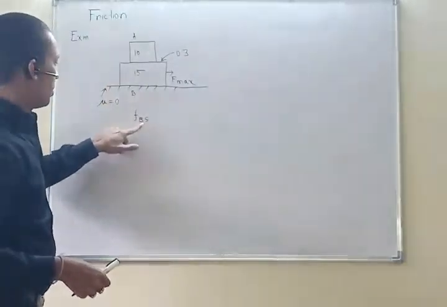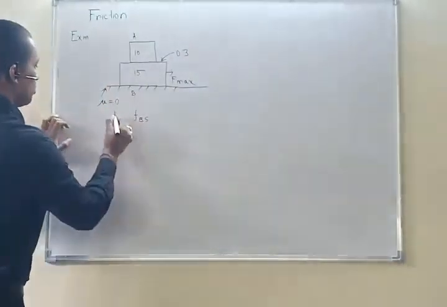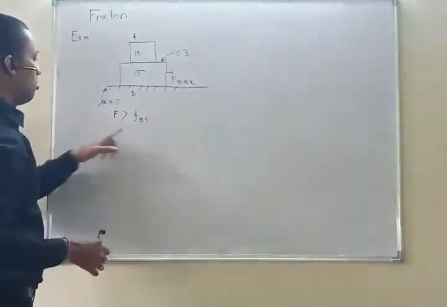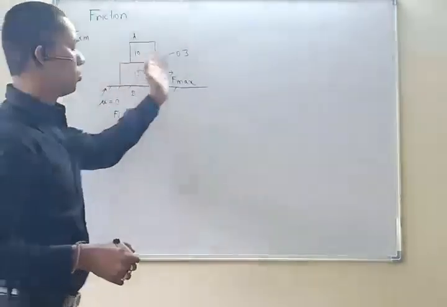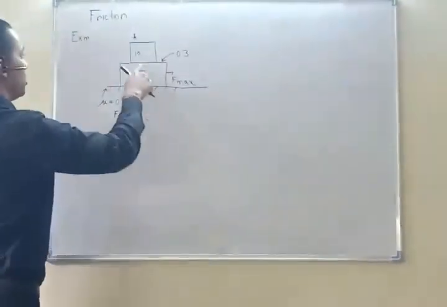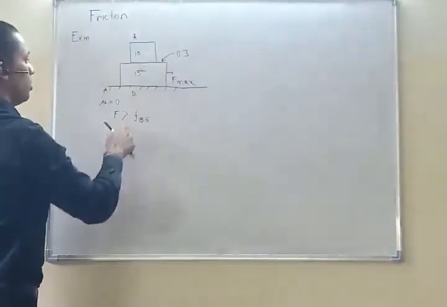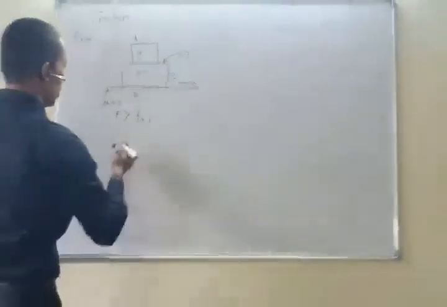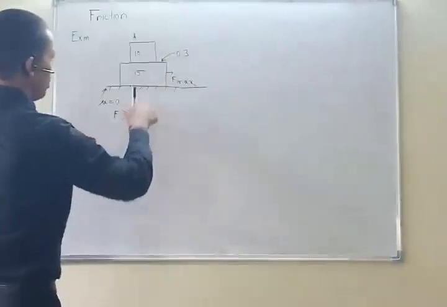If the force is greater than F_ds, then this block will move. It doesn't depend on the other frictional resistance, only this one. So if F is greater than F_ds, then it will move.